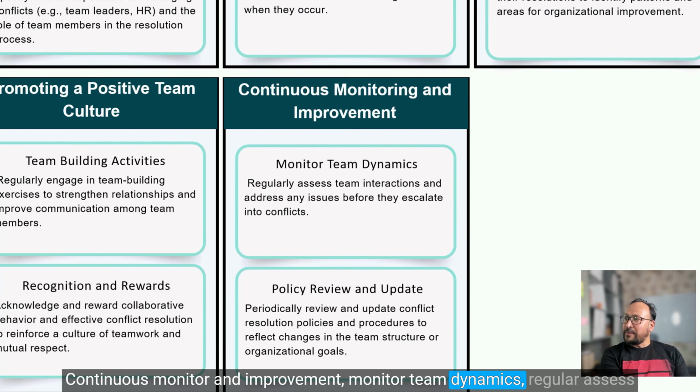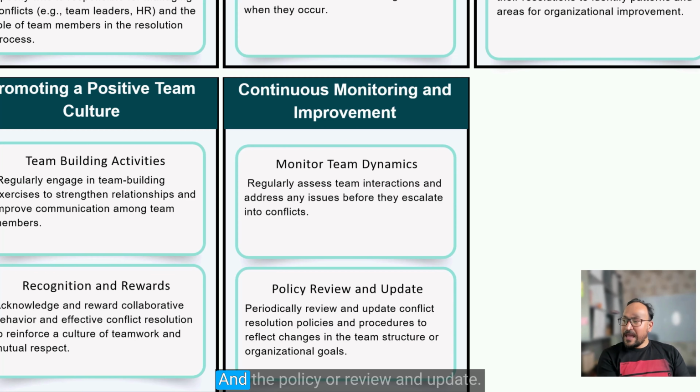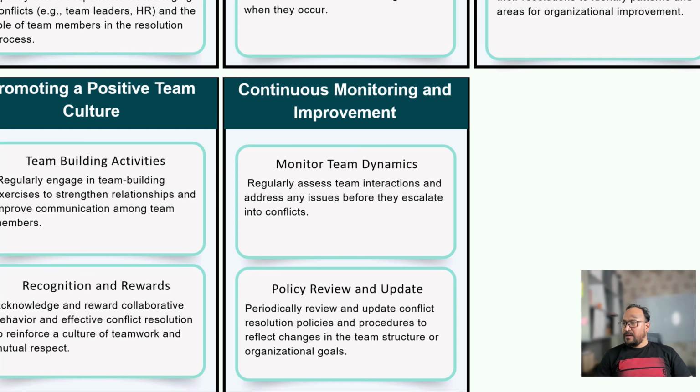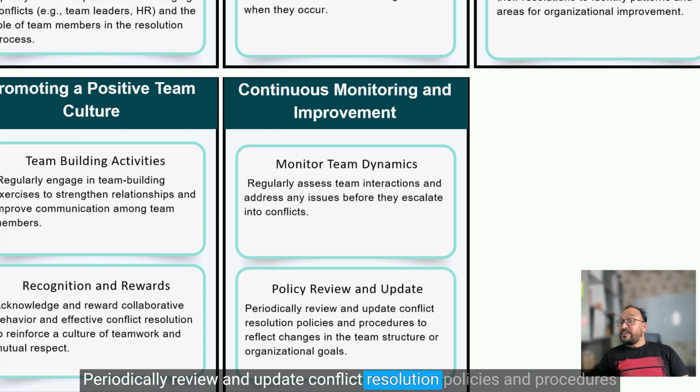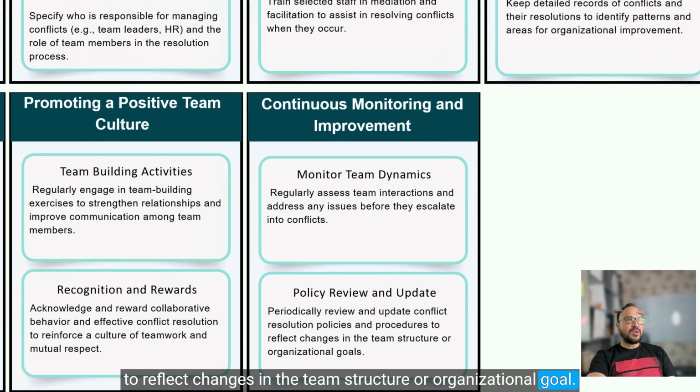Monitor team dynamics. Regularly assess team interactions and address any issues before they escalate into conflicts. And the policy review and update. Periodically review and update conflict resolution policies and procedures to reflect changes in the team structure or organizational goals.